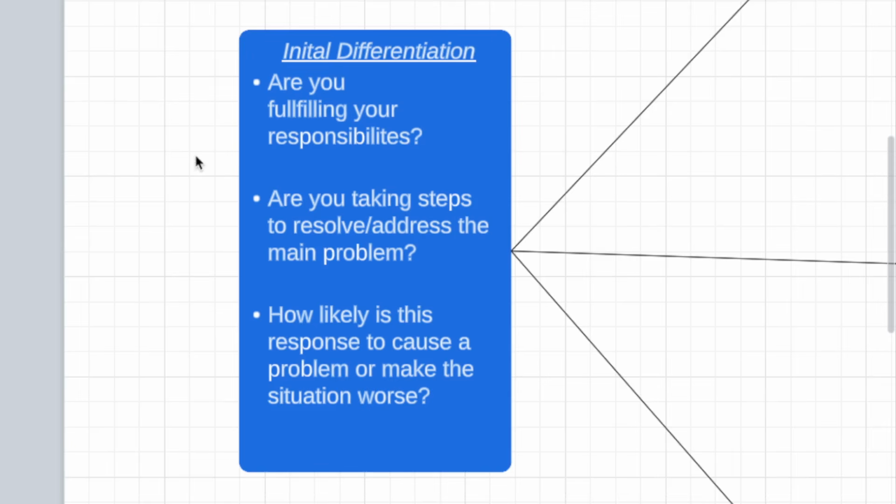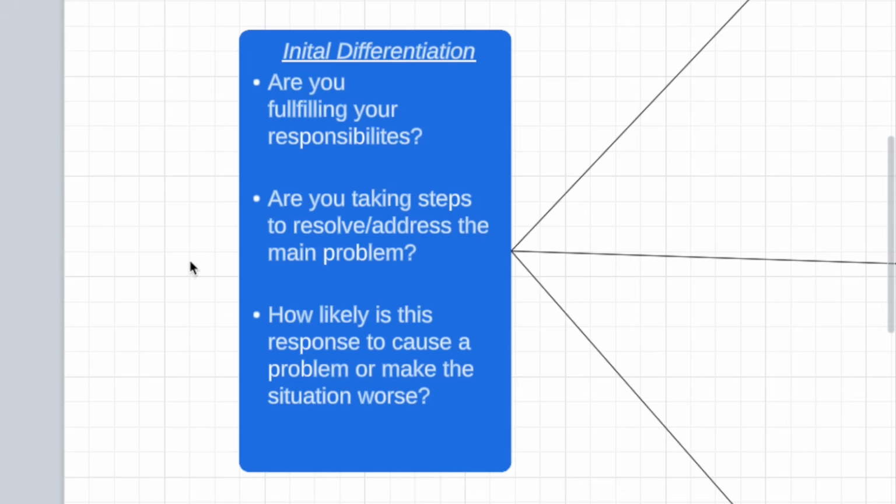If we are addressing the main problem, that's good evidence that we're going to be improving the situation, right? And if you're not, then you're probably not improving the situation. And this third question here, how likely is this to cause a problem or make the situation worse? Also a useful question. To me, the second question here is what I found most useful going through the practice exam and on the exam itself on rating effectiveness.